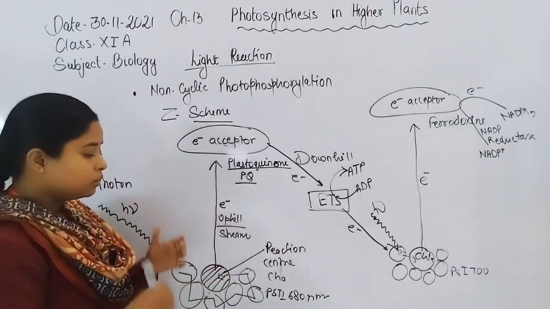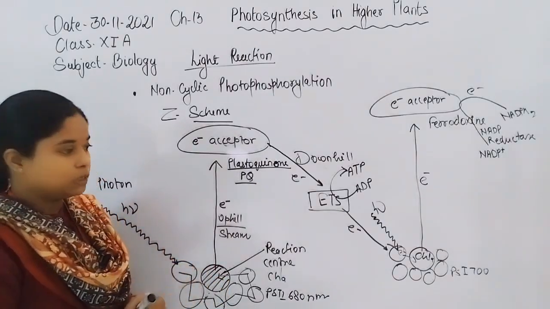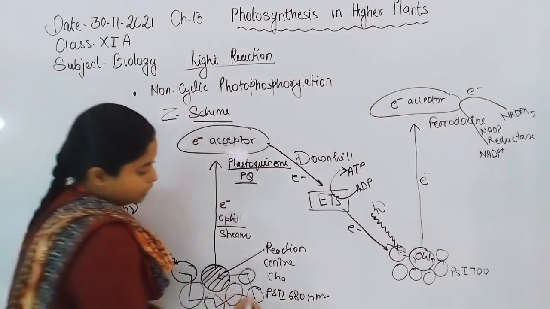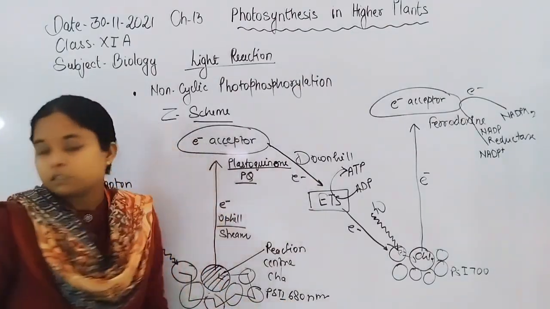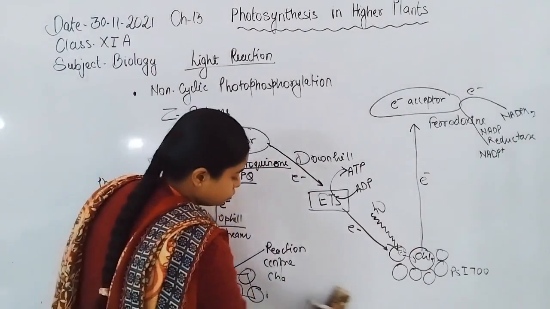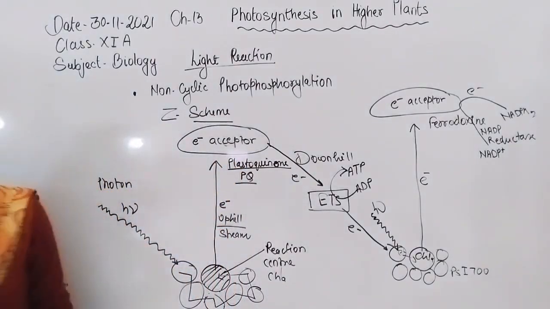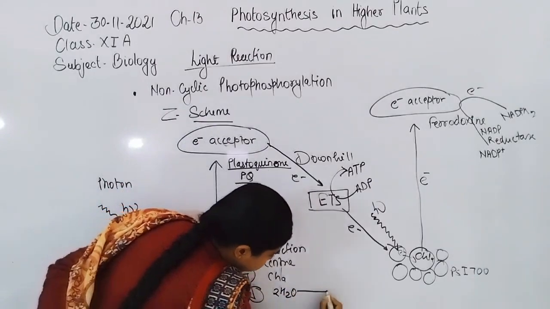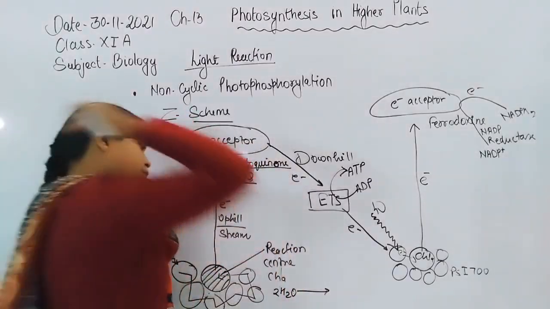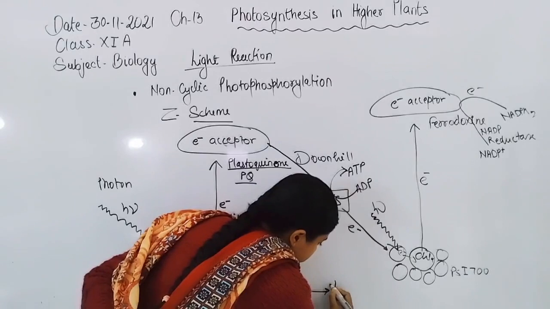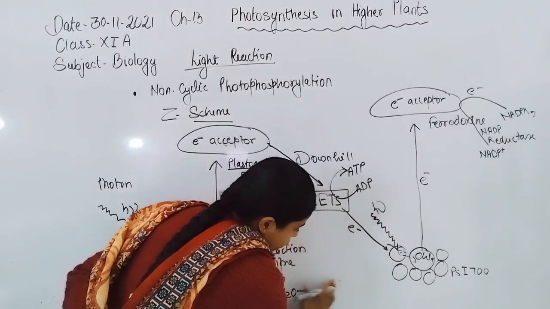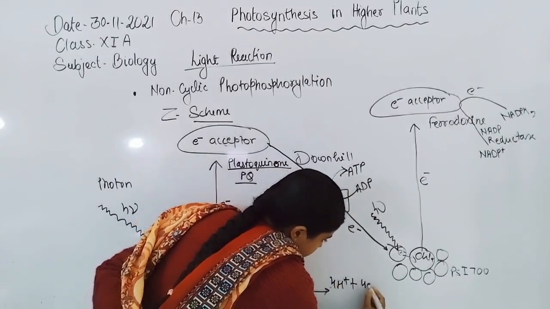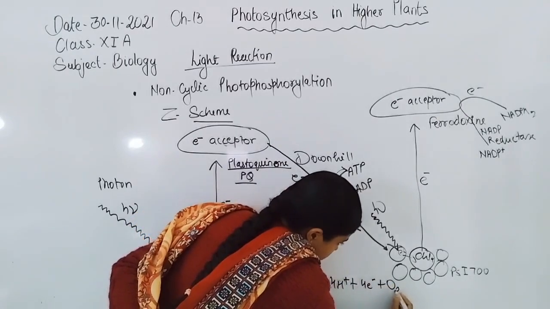So the fulfilling of the electron takes place via the splitting of water: 2 water molecules are split to form 4 protons, H plus, 4 electrons, and 1 oxygen molecule.